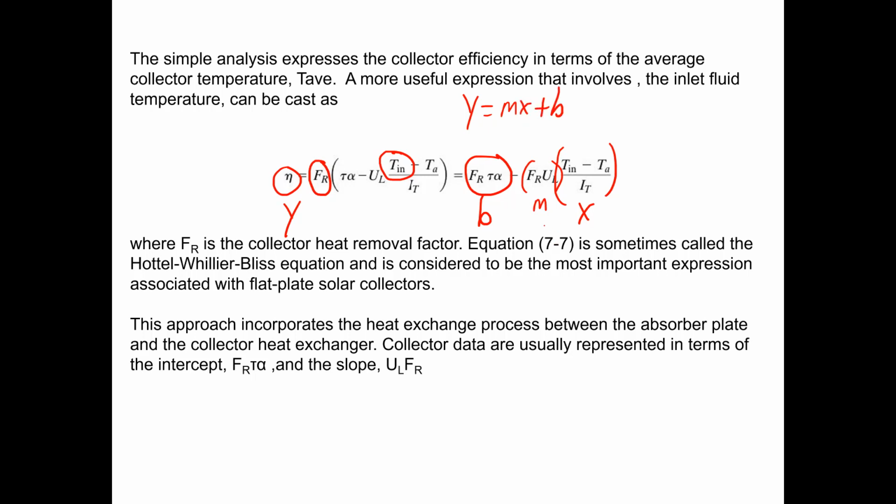We can look at the efficiency of the solar collector mainly as a function of the inlet temperature of the water going into the collector. Collector data are usually represented in terms of the intercept, which is the heat removal factor times transmissivity and absorptivity, and the slope, which is the conductance between the collector and the air multiplied by the heat removal factor.